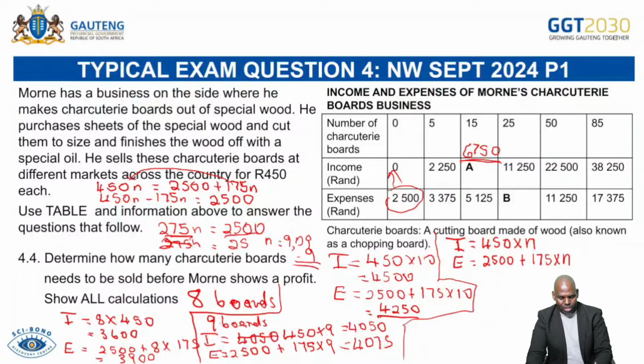So 9 is actually the one that gave us a very close answer there. But in order to get a clear picture in terms of the number of items, we had to solve this algebraically. That is where you take the two equations and make them equal to each other.